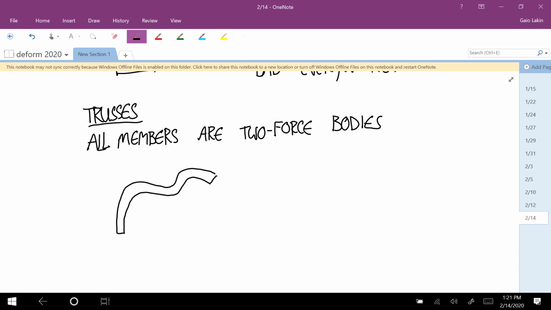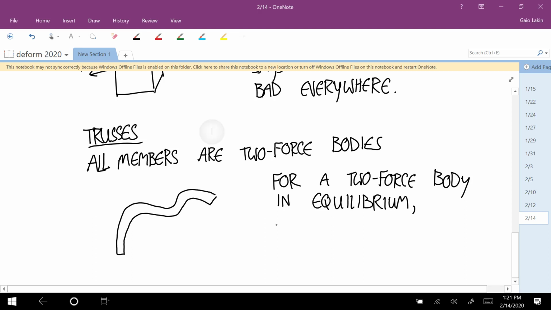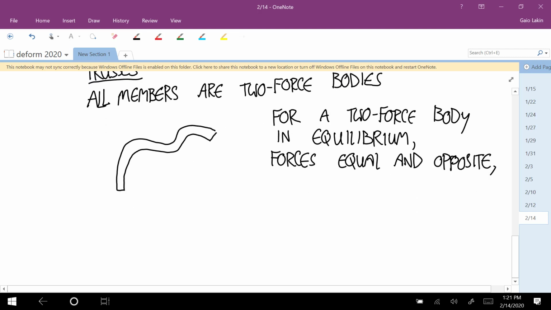So if this is in equilibrium, for a two force body, the two forces have to be equal and opposite, and act along the line between where the forces are applied.